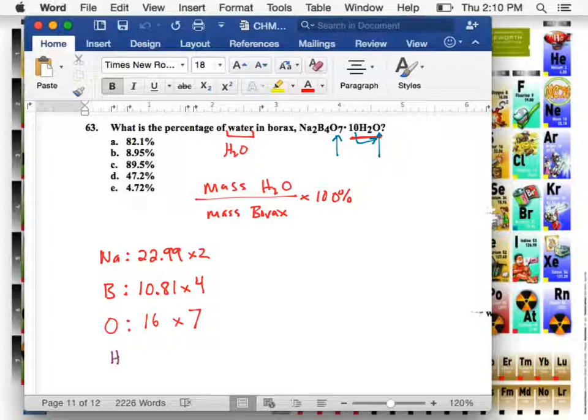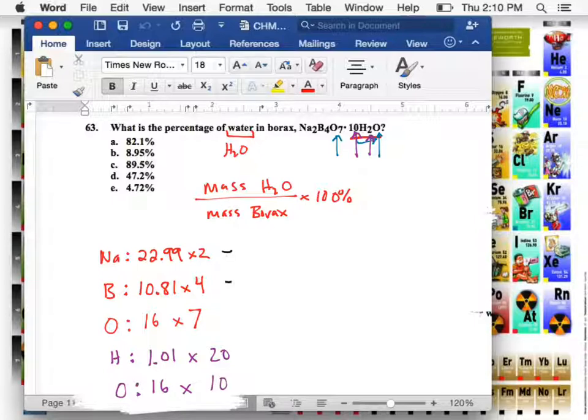What's the next thing that shows up? Hydrogen with a mass of 1.01 times how many? 20. Because we have the subscript and the superscript in front of it. And then oxygen shows up again, 16 times 10.